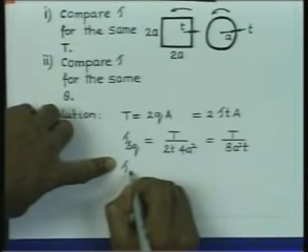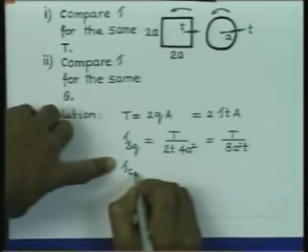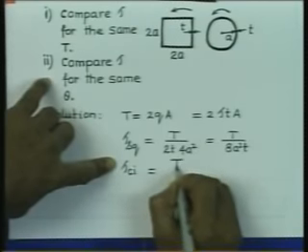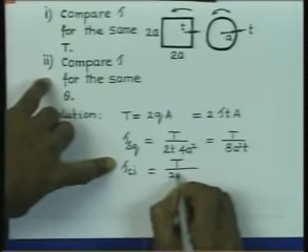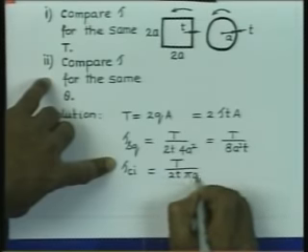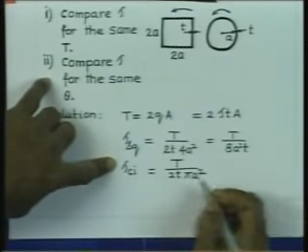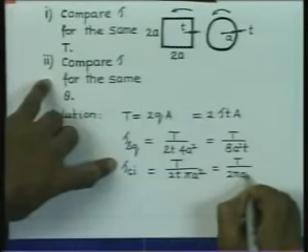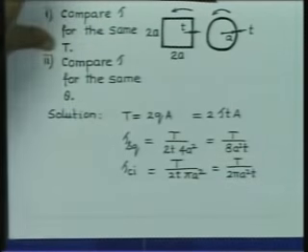So, tau for the circle is T by 2 T pi A square, that is T by 2 pi A square T.